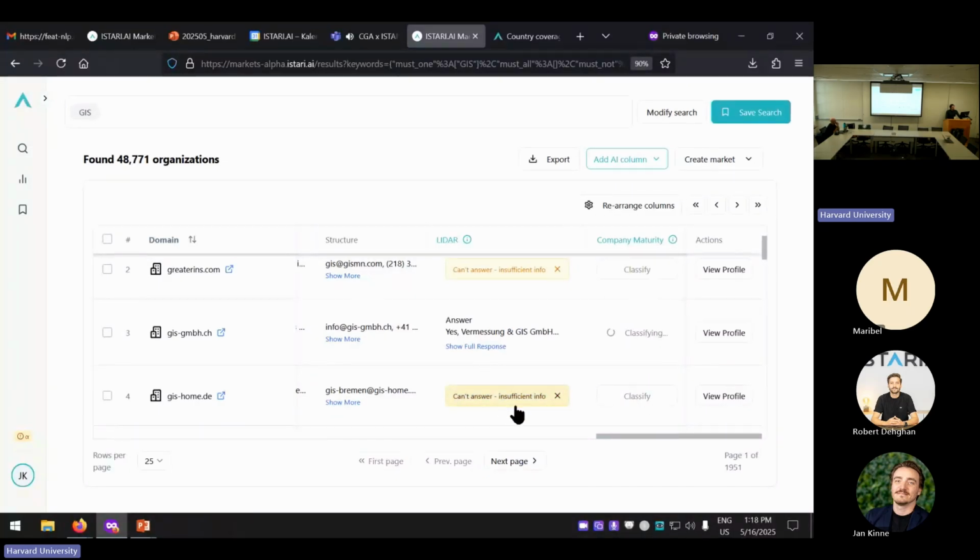And you can see, for example, here we have an answer. The other ones said can't answer, insufficient info. So it didn't find any information that is somewhat related to my question. And I can already imagine why, because we just searched for the term GIS, and GIS can mean quite a lot of things. If I have a look at this company website for a second, let's see what it is.